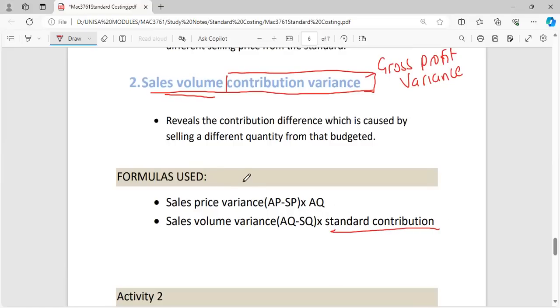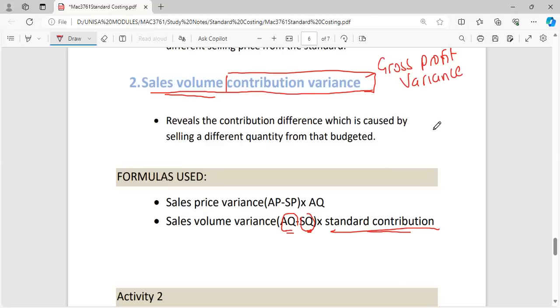In sales, the actual quantities you take as they are. We are not going to do what we did with the cost variances. You use the real actual quantity when dealing with sales variances. So we look at the actual quantity and the standard quantity, then multiply by the standard contribution.